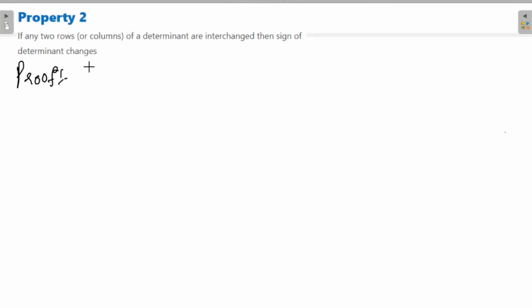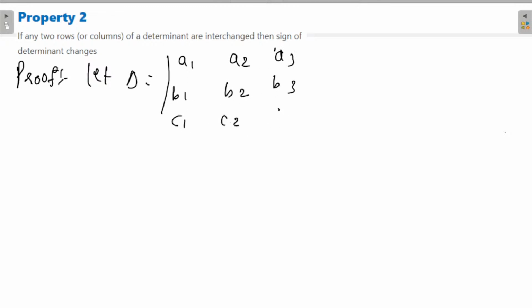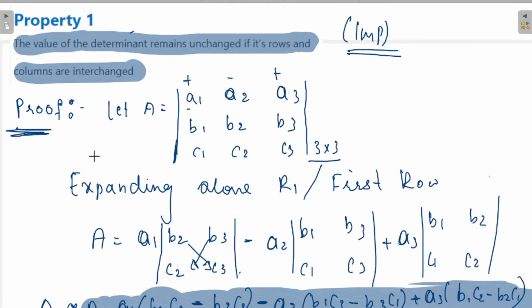Now as usual, delta is equal to A1, A2, A3, B1, B2, B3, C1, C2, C3. This is the delta. Now you find the determinant, same value we get, as last time I did. In every determinant this is what we will be using.